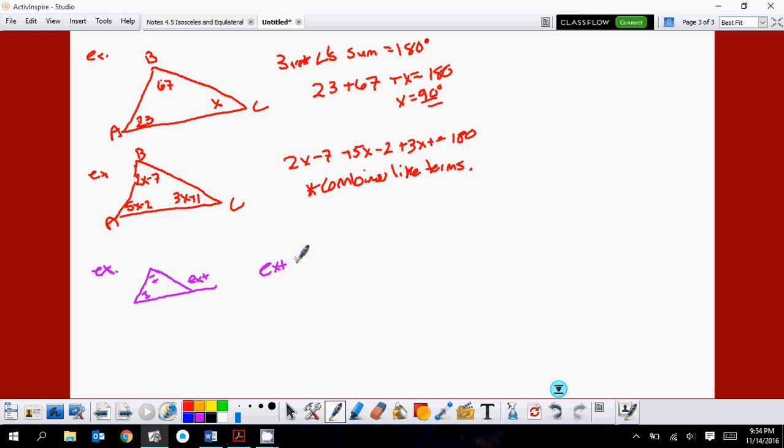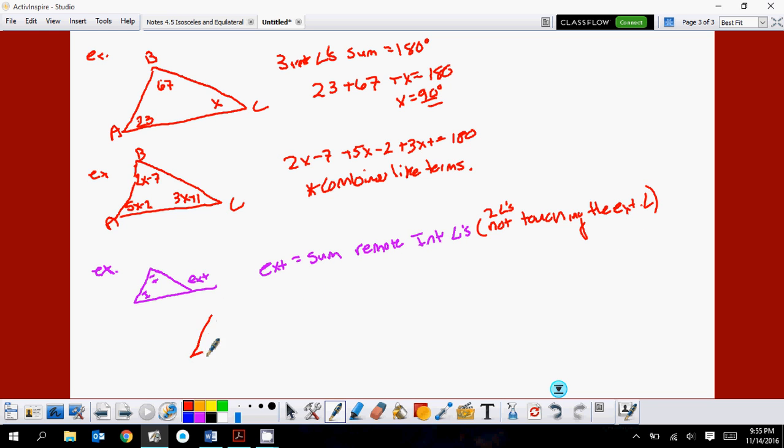Okay. So it's the sum, and I should have said, excuse me, remote interior angles. Basically, the two interior angles that are not touching the exterior angle. Okay.